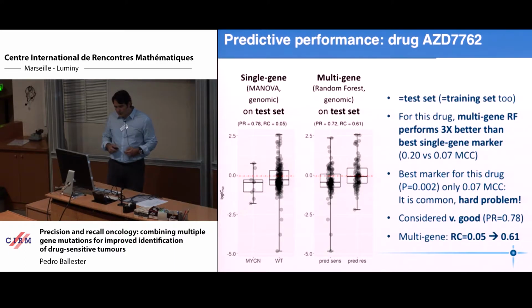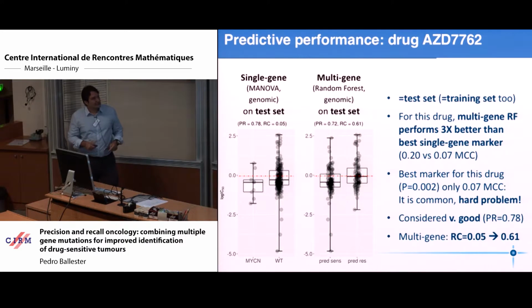Now, when you compare both the single gene marker with the multi-gene marker on the same test set for this drug, what we see is that the multi-gene model obtains 3 times better MCC than the single gene marker. And I highlight again that this is a performance level that tells us it's a hard problem. But what is interesting is that it's actually considered to be very good, because the precision is 78%.